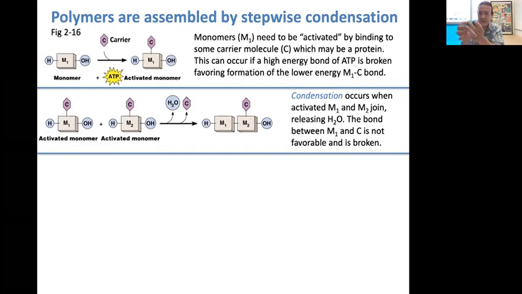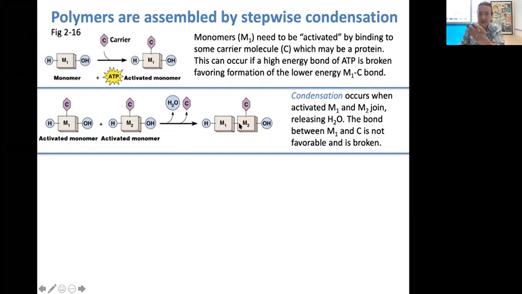When that happens, the interaction of the 2 carrier proteins with the activated monomers attached to them favors these 2 monomers breaking the existing bonds between the hydroxyl group of monomer 1 and the hydrogen on the second monomer, right? And together then they join together.